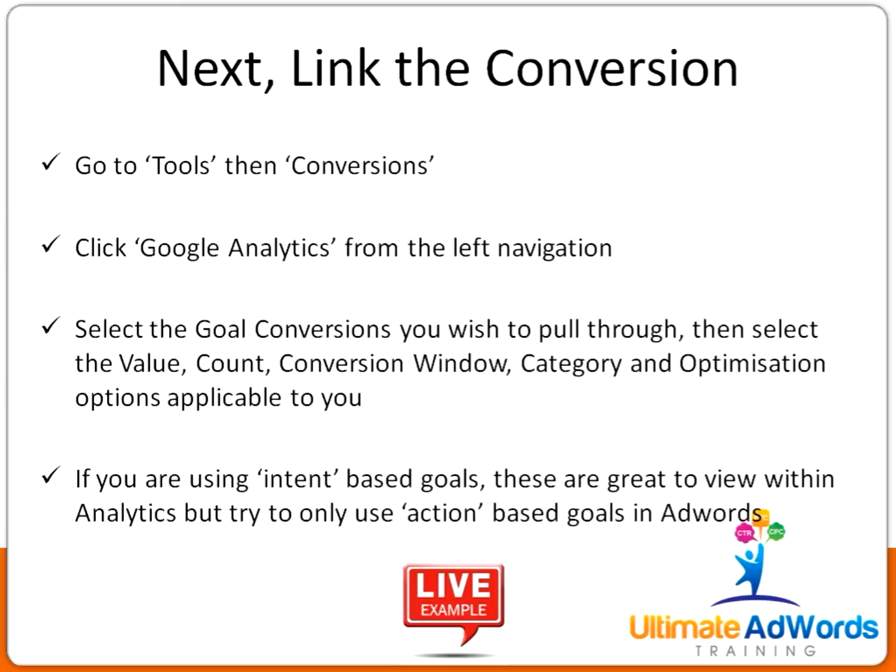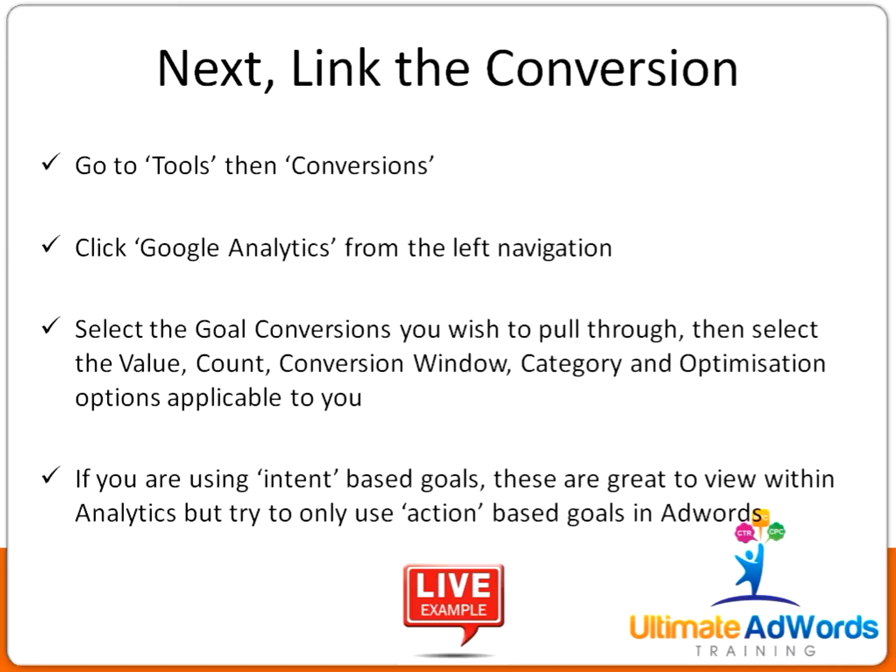Next, we want to link the conversion, so we go to Tools in the top navigation, then to Conversions, click on Google Analytics from the left hand side navigation. At this point, we select the goal conversions that we wish to pull through and select the value, count, conversion window, category and optimization options on the next step.